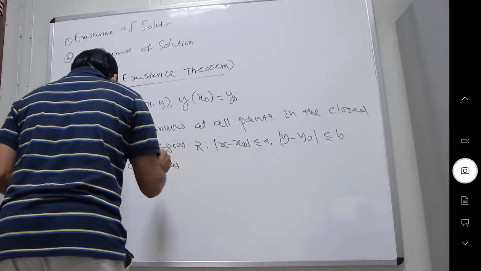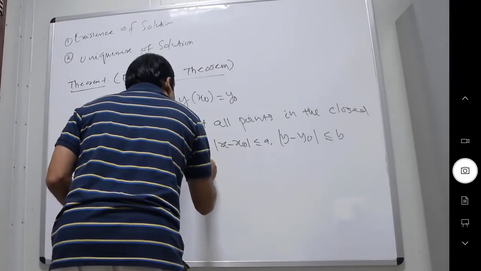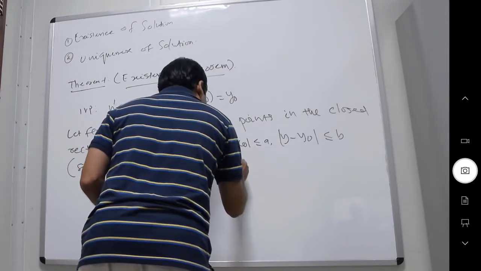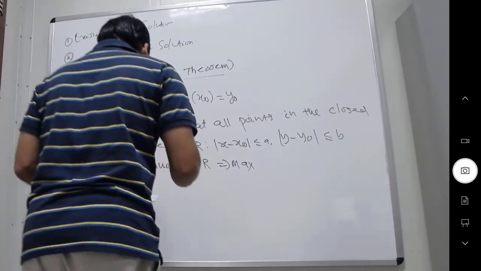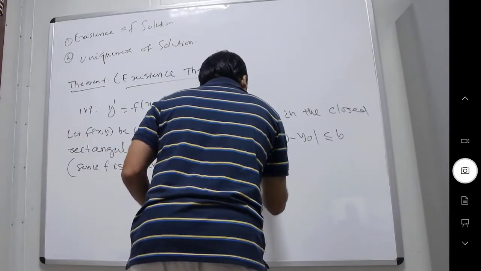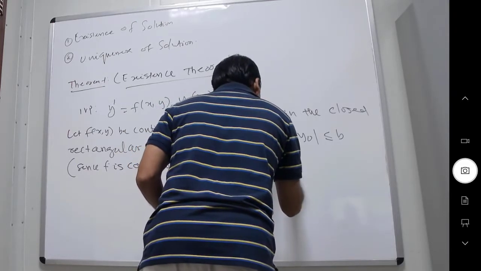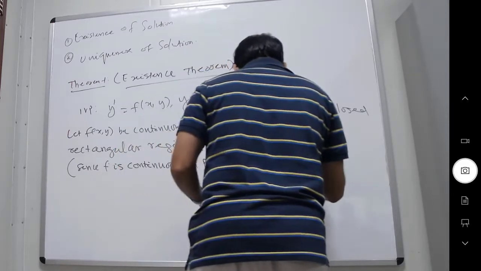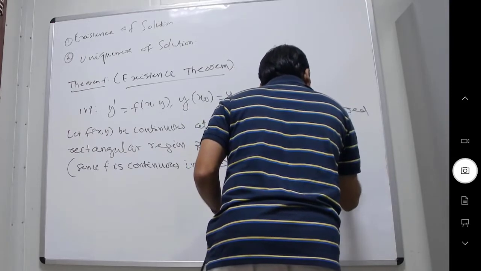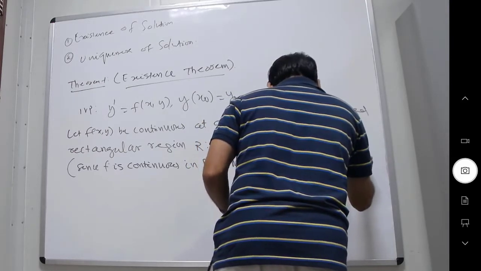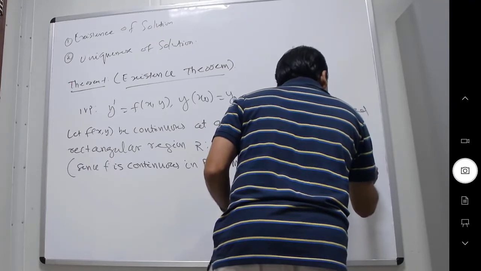So here, since f is continuous in the closed region R, you know that a continuous function on a closed domain is bounded, so the maximum of f exists, right? That means mod f of x, y is less than equal to M, where M is this maximum.